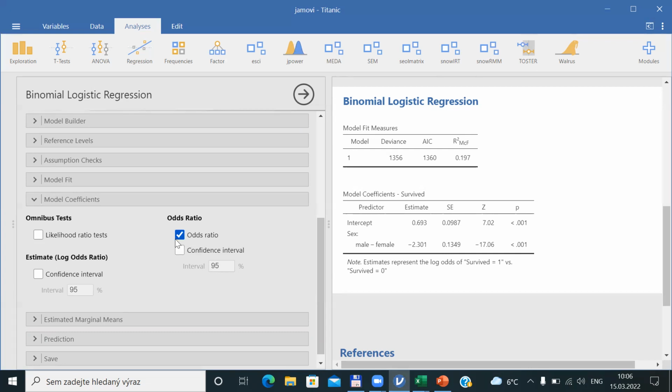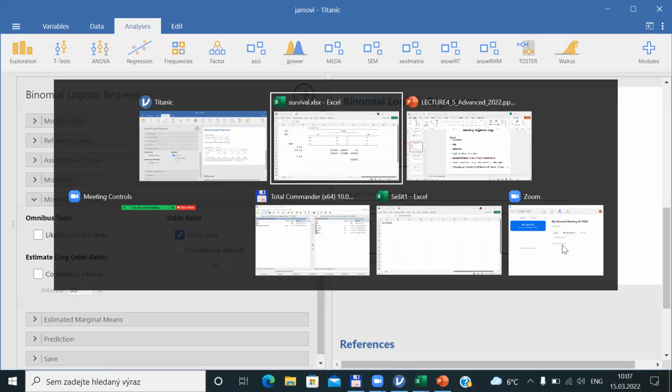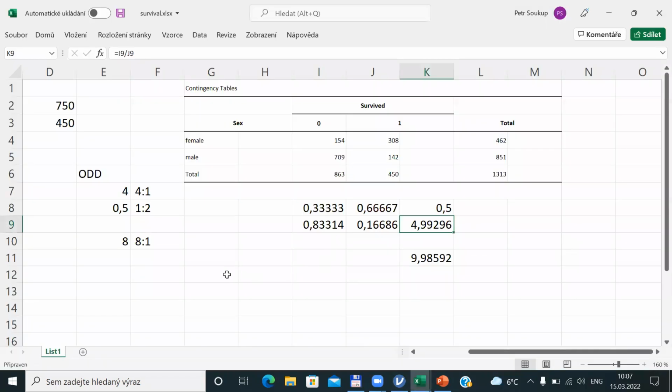So I would ask for odds ratio. And I guess that here we have the last column, which is 0.1 odds ratio. So it means the exponentiated value from minus 2.3 is 0.1. If you do not believe, we can ask the Microsoft Excel environment.